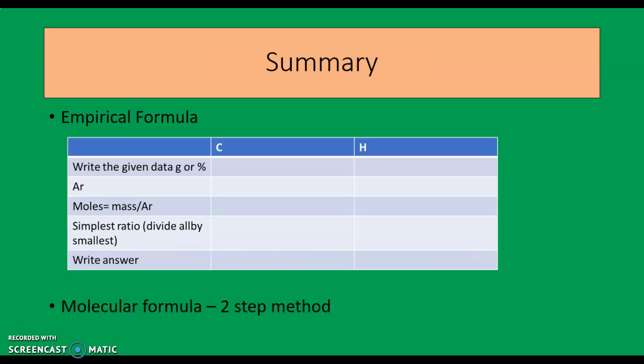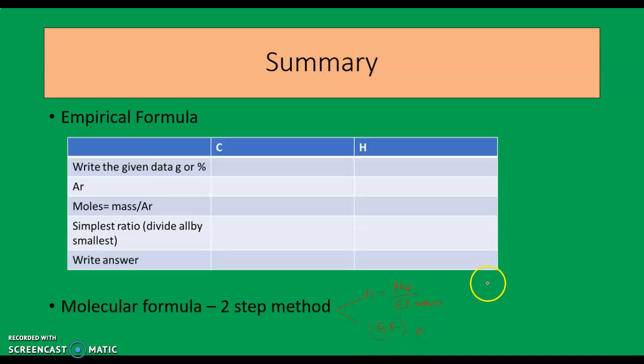So what we've looked at here is a variety of ways in which you can find out the empirical formula and molecular formula. We've looked into this structure, that you would use this kind of a calculation strip to find out empirical formula. Molecular formula, if you have to find from empirical formula, you first find the value of n, which is the molecular mass divided by the empirical formula mass, and then you find the formula, which is empirical formula multiplied by n.